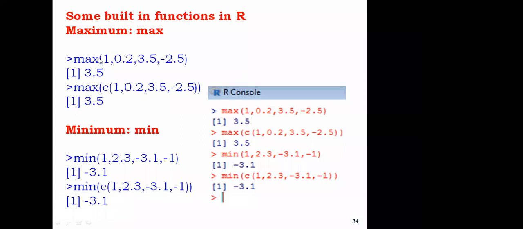What we have done here is maximum of the values within the bracket, and maximum within a double bracket. The first bracket is for combining the values and the second bracket is for using the values. In case of minimum, it is the same. You see minimum of these values, and the minimum value is minus 3.1.